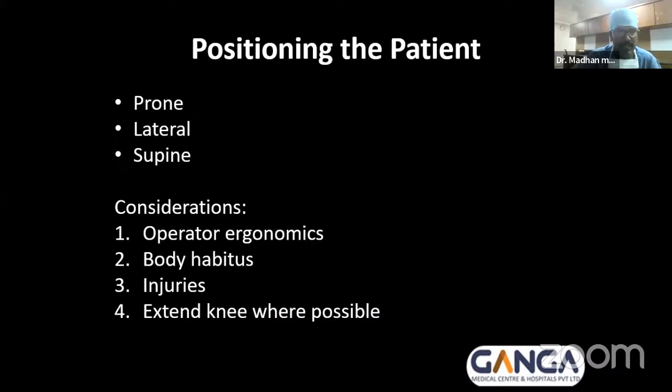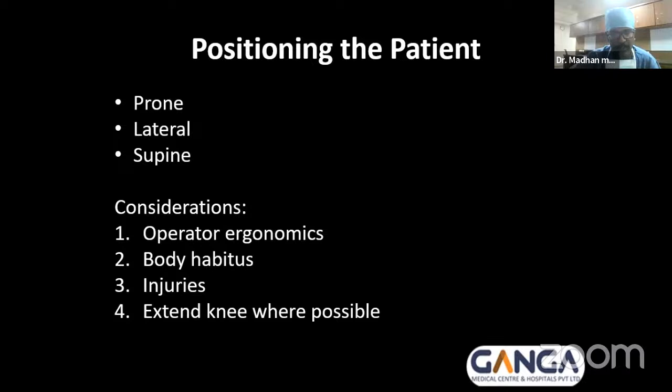The patient can be positioned in any one of the ways: prone, lateral, or supine. Prone position offers the best ergonomics for the operator, but the problem with prone is that some patients, very obese or sick patients, cannot be turned prone. The attractive alternative for this is the lateral position, which is the most suitable alternative for both patient and operator.